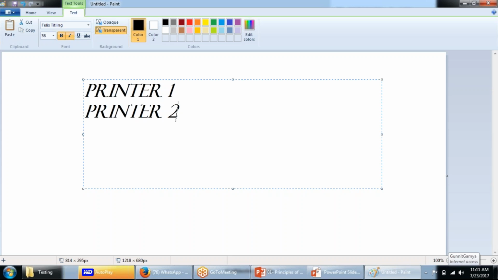Whatever test cases we prepare for printer one will be applicable for printer two also. So how many test cases do you require in general? Two test cases? One for printer one and the second one for printer 2, right? Yes. So two test cases.